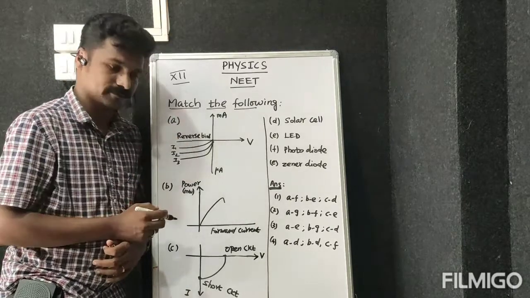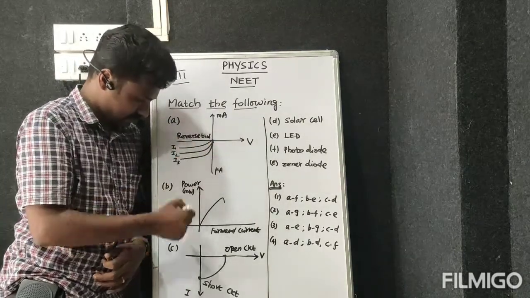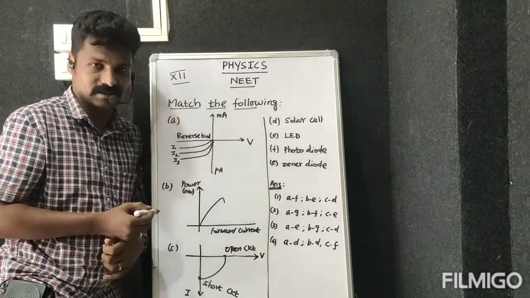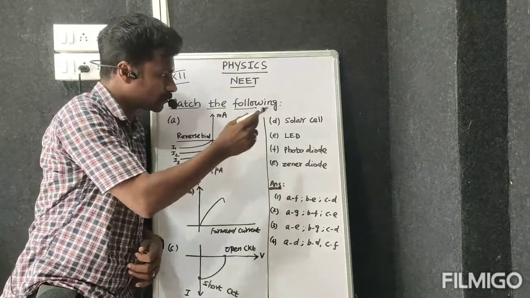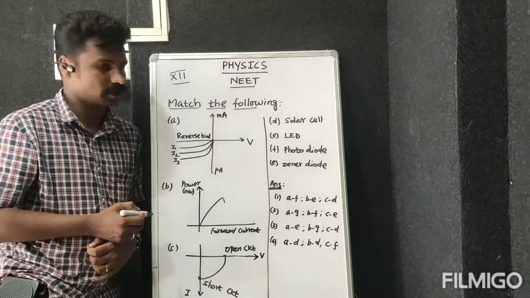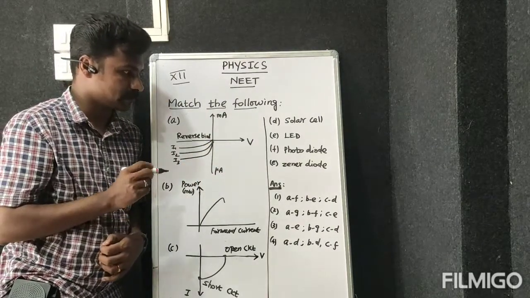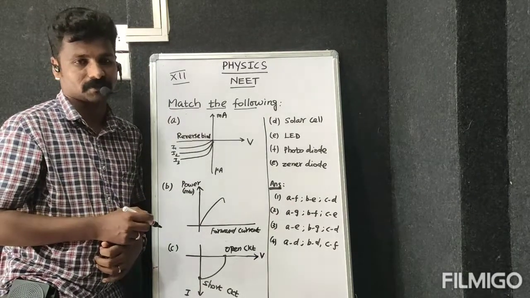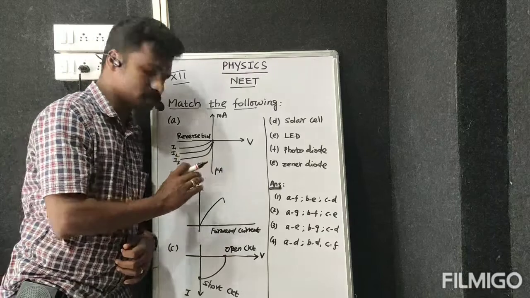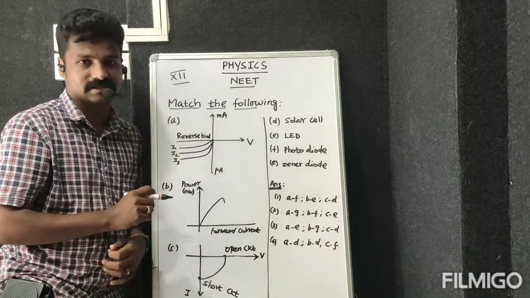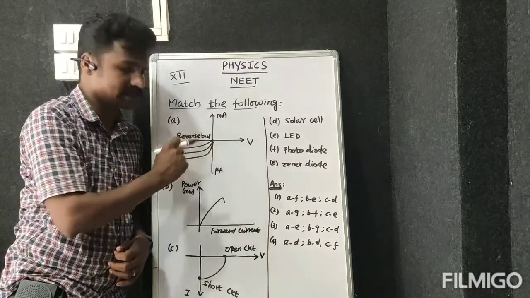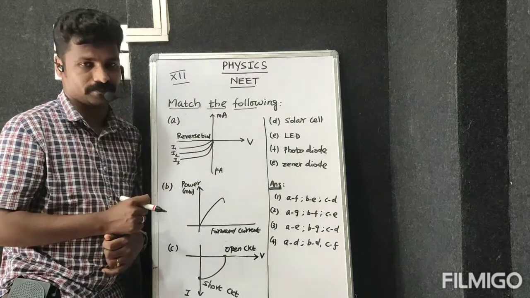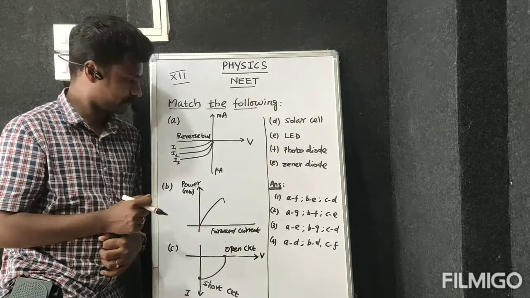Then on the right side, D, E, F and G, like 4 component names are given, like solar cell, light emitting diode, photodiode and xenon diode. So now we want to match the graph with the concerned device. Okay, so how? We'll discuss one by one.